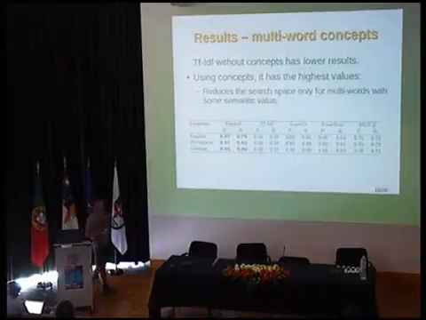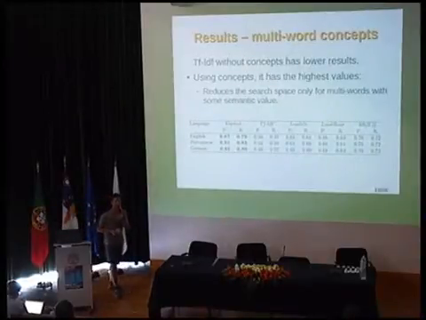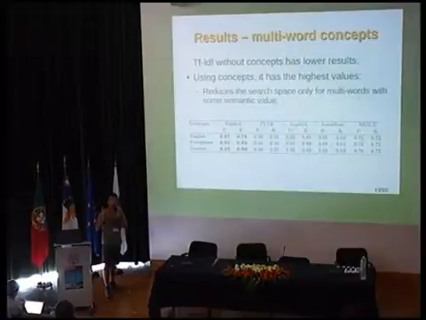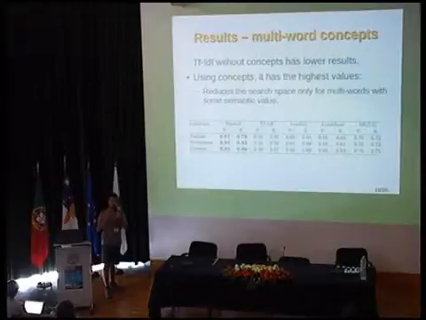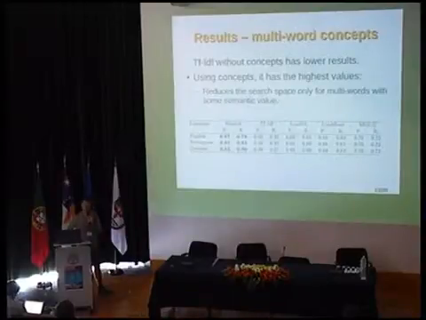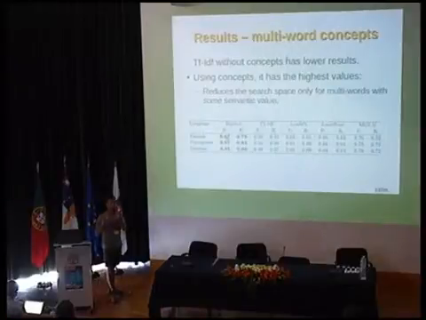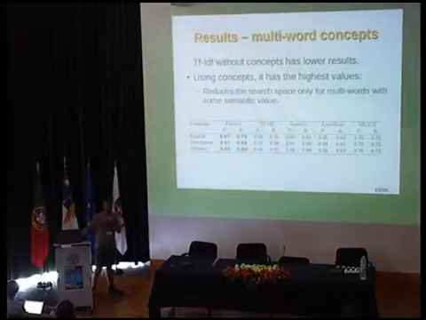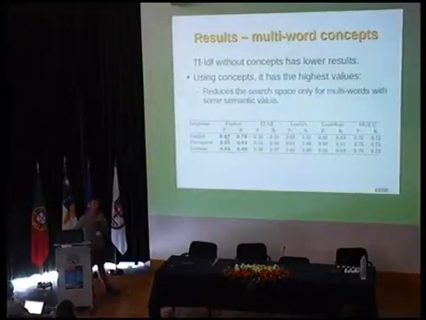But the main difference is that TF-IDF applied to all possible sequences of words in the document has low values of precision and recall, as you can see here. So if we apply TF-IDF only to the extracted concepts, in this case for multi-words, the results of precision and recall improve.